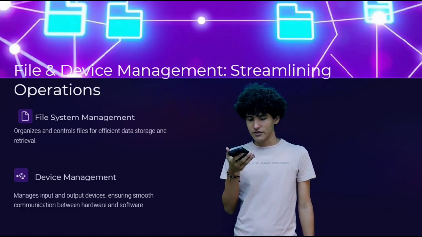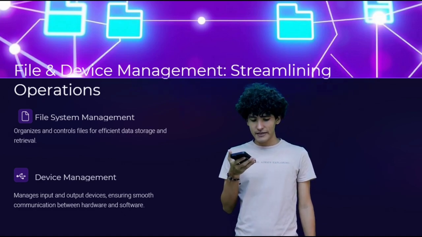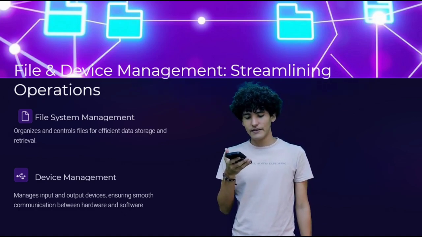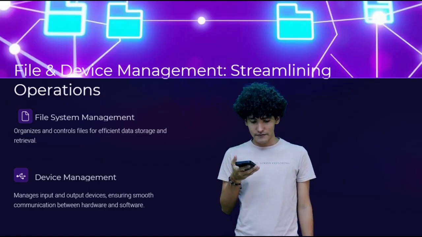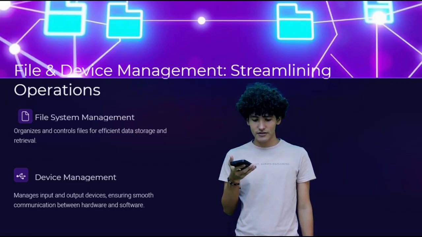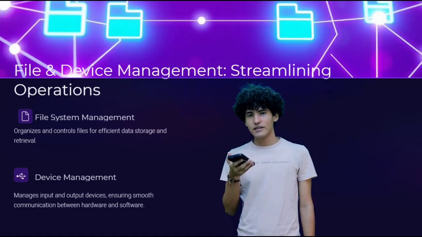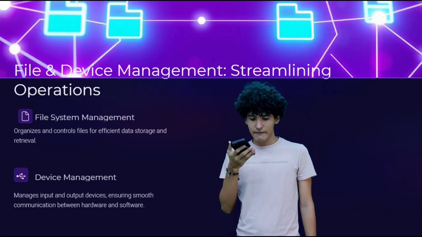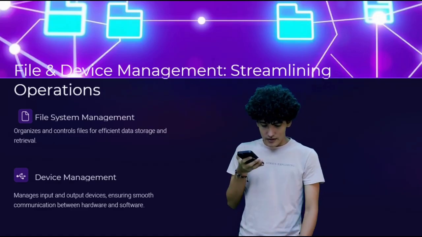Introduction to OS functions. An operating system performs several crucial tasks to keep the computer running effectively. The most important functions include process management, memory management, file system management, device management, and user interface management.